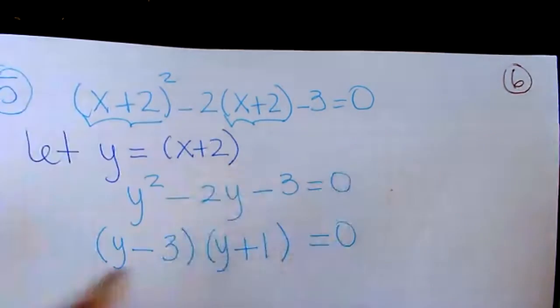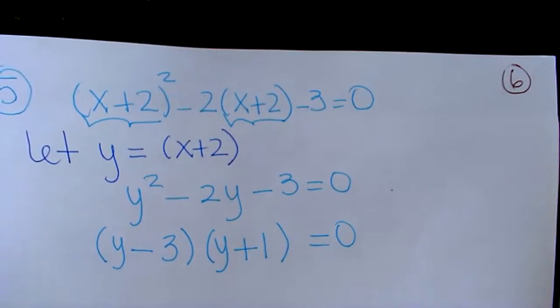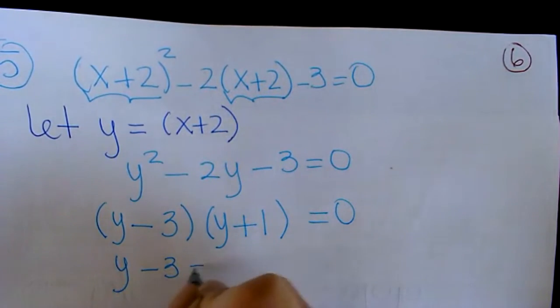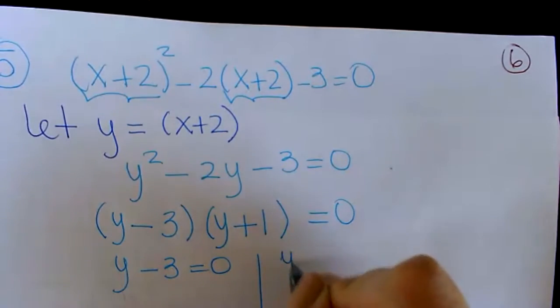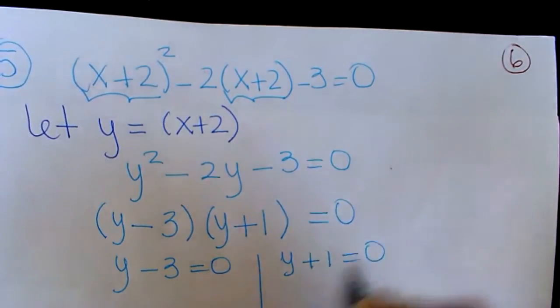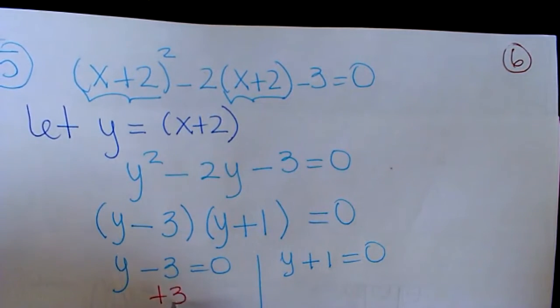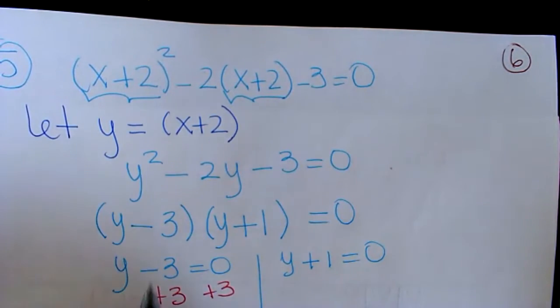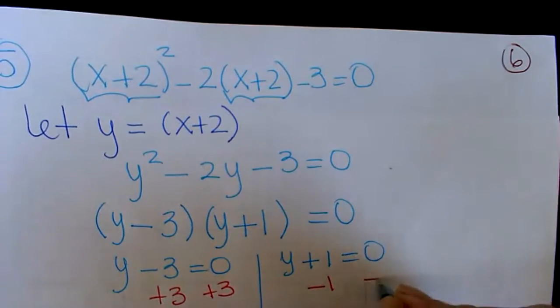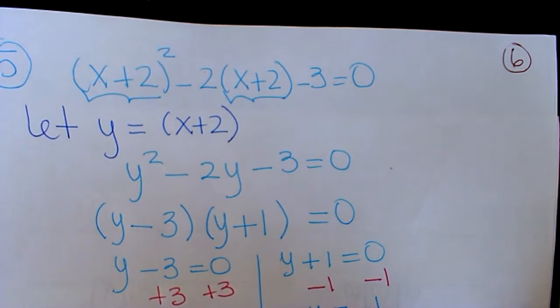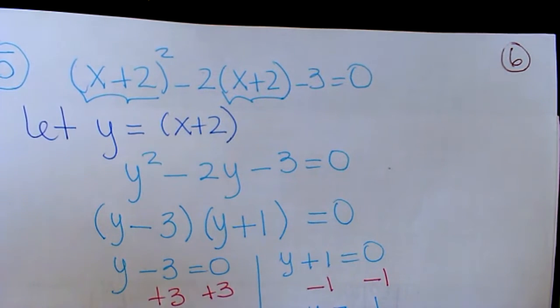When I add, I get negative 2. I don't need to apply the square root, the quadratic formula. A lot shorter. So we're going to be adding 3 on both sides. So y is equal to 3, and y is equal to negative 1.